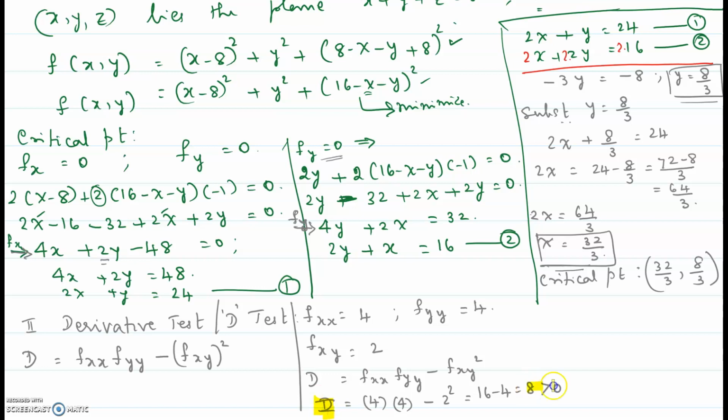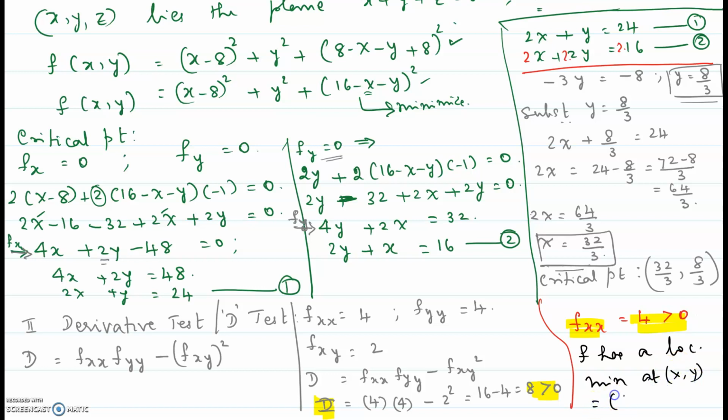D value is positive. We have to find out f_xx, which we already got. f_xx equal to 4, that is positive. So together, these two, the D value, which is positive, and also the second order partial derivative with respect to x, that is also positive, together it tells us f has a local minimum at the critical point (x, y) equal to (32/3, 8/3).